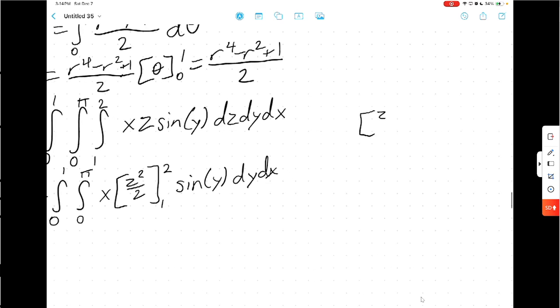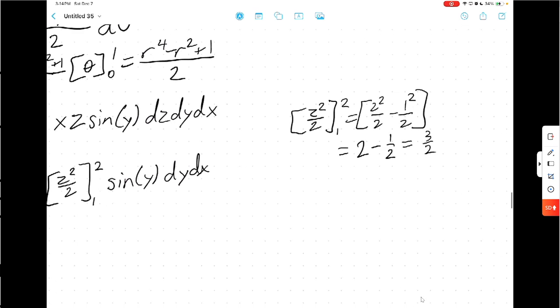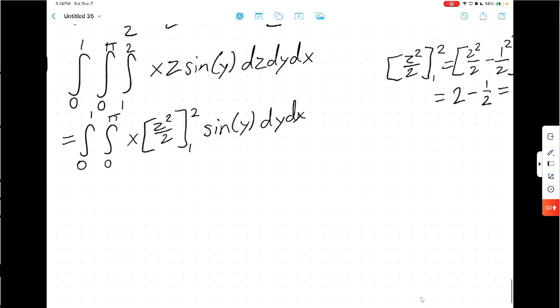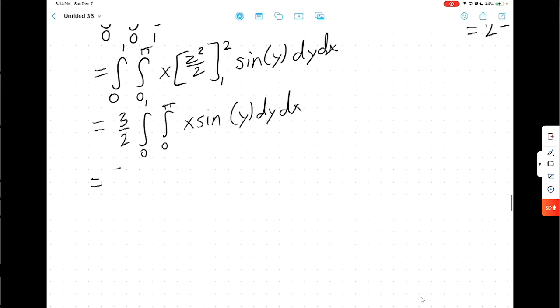I'm just going to calculate this off to the side. 2 squared over 2 is just 2, and this is just 1/2, so we're going to get 3 over 2. Three over 2, 0 to 1.